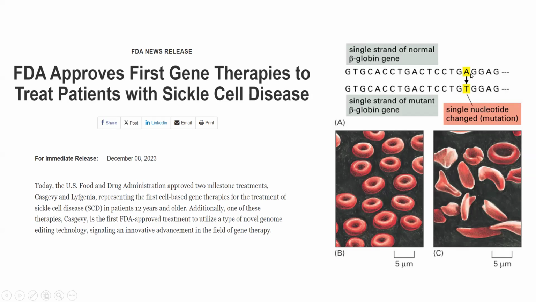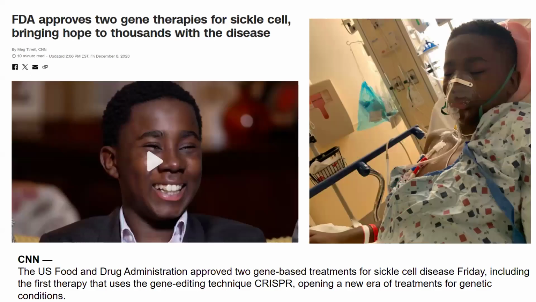But the CRISPR-Cas system is now approved by the FDA in the USA, using this gene therapy very precisely, only editing this wrong, mutated base pair, and already it is in practical use.